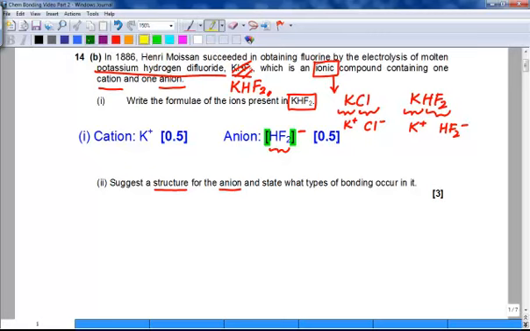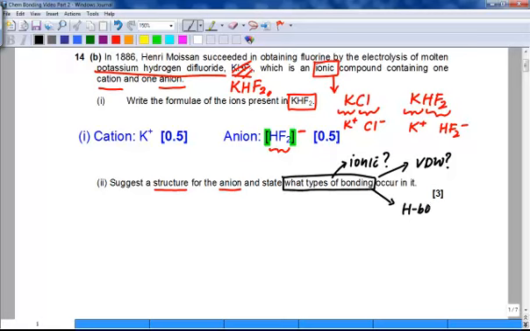So in this case, what types of bonding? Well, you can possibly think of a few things. You can have ionic bond, van der Waals, hydrogen bond, metallic bond, and of course covalent bond.